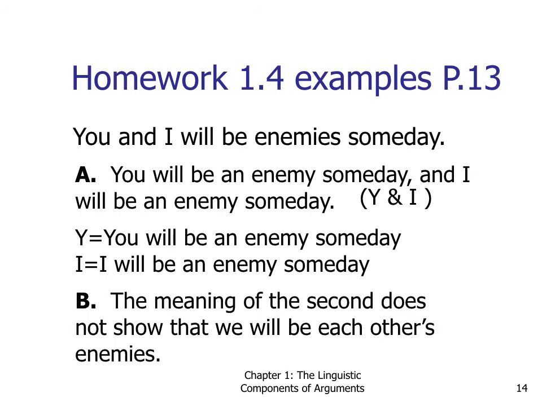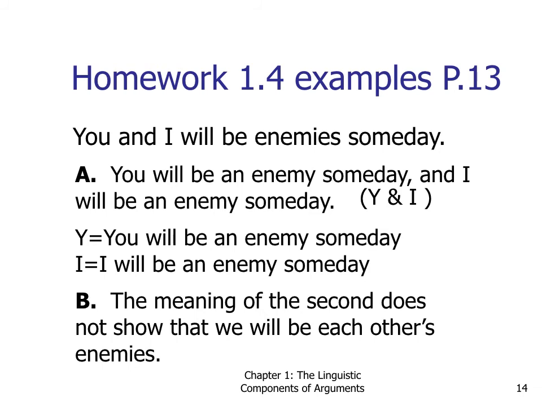Then we move on to part B, which asks, does the meaning change? Let me read the original for you, and then I'll read the translation. You and I will be enemies someday. You will be an enemy someday. I will be an enemy someday. Hopefully you can hear the difference. In the original, it seems quite clear that we will be each other's enemies.